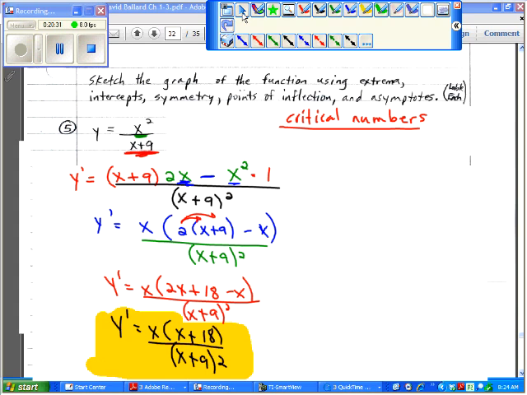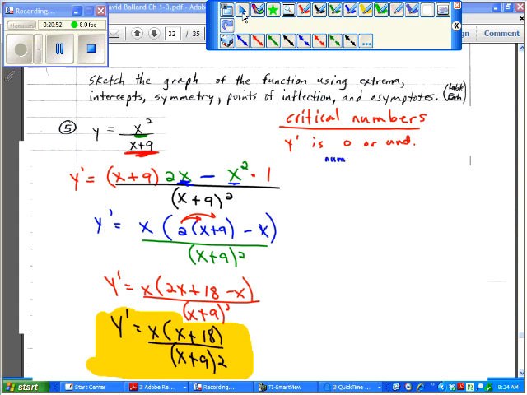How do we find those? Critical numbers are when the first derivative is 0 or undefined.